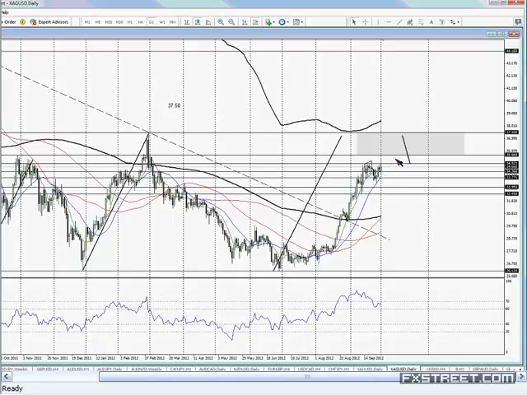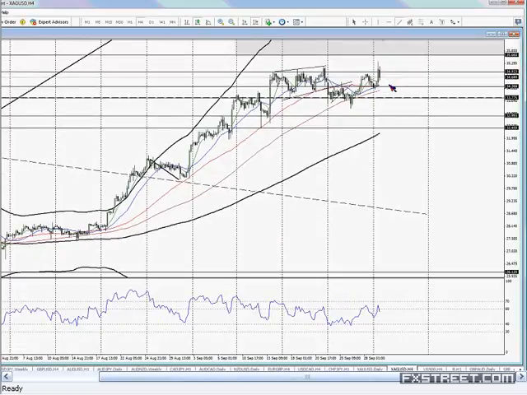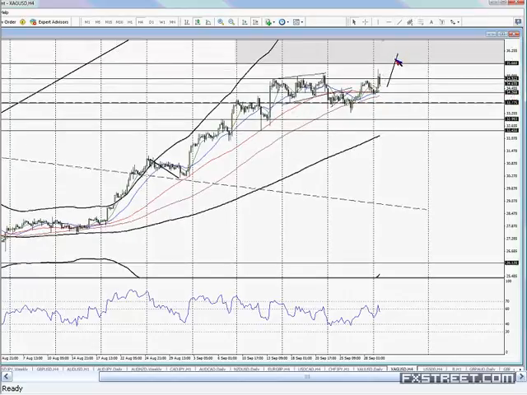Now, basically there's too much downside correction here for me to go long, although if you're in a very short term trade, you could probably look for a very short rally from this breakout.